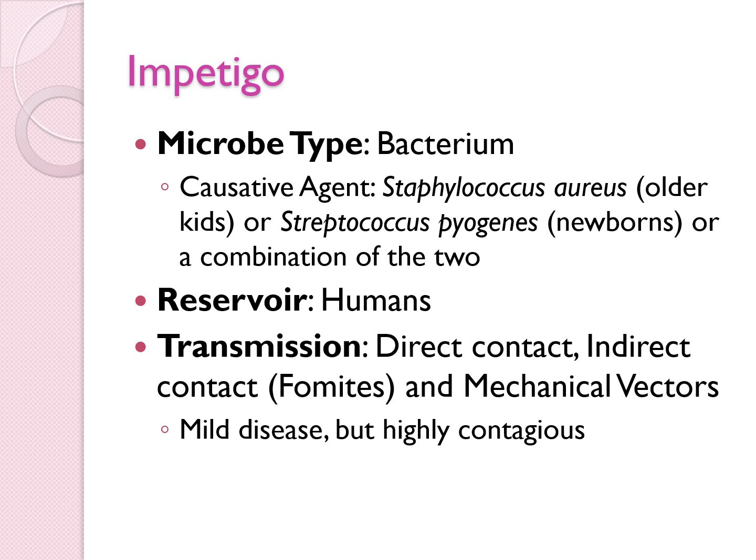A mechanical vector is going to be a living thing, but the microbe is surviving on the outside of that living thing, that vector. In this case, those vectors are usually pets, like maybe your dog. So this little kiddo comes up and says, oh, I love your dog, and rubs all over your dog.